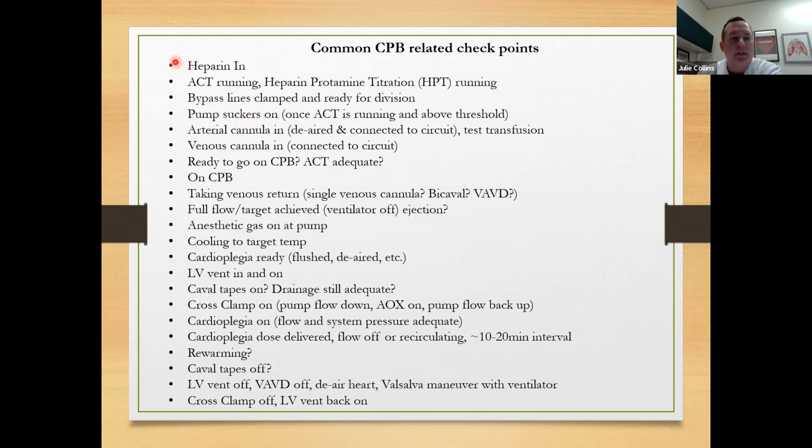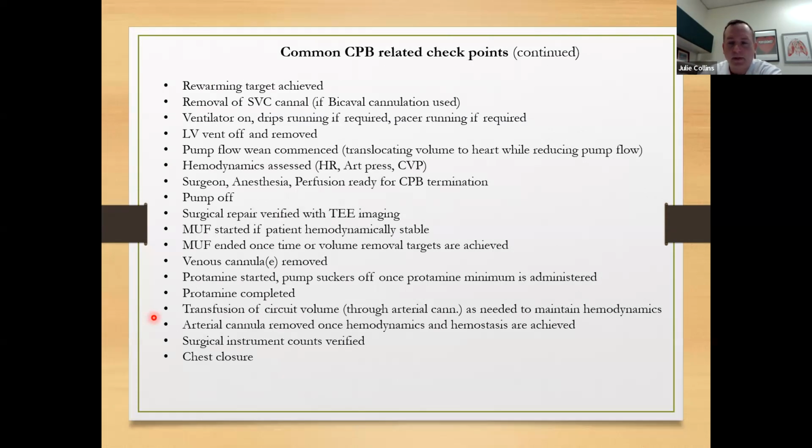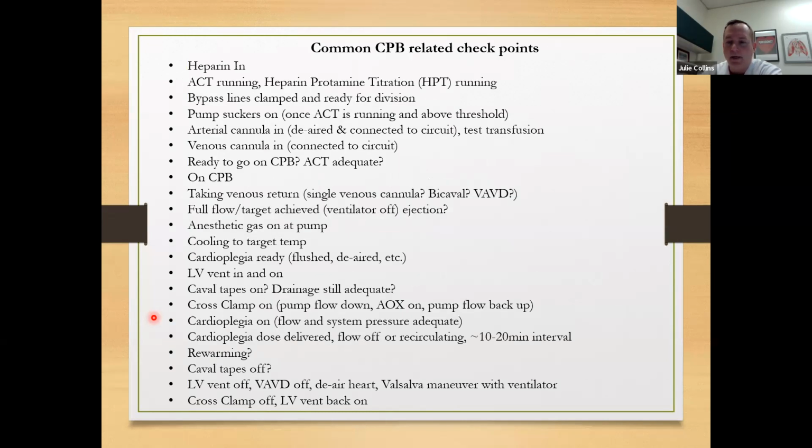I showed you this slide that shows common CPB related checkpoints. When you guys do SIMS, do you essentially follow an order that looks somewhat like this? Because whether you're doing peds or adults, there's going to be the loading of the airplane, the checklist of the airplane, the taxiing on the runway, the taking off, the cruising altitude, the descent, the landing, the unloading of the airplane, okay?